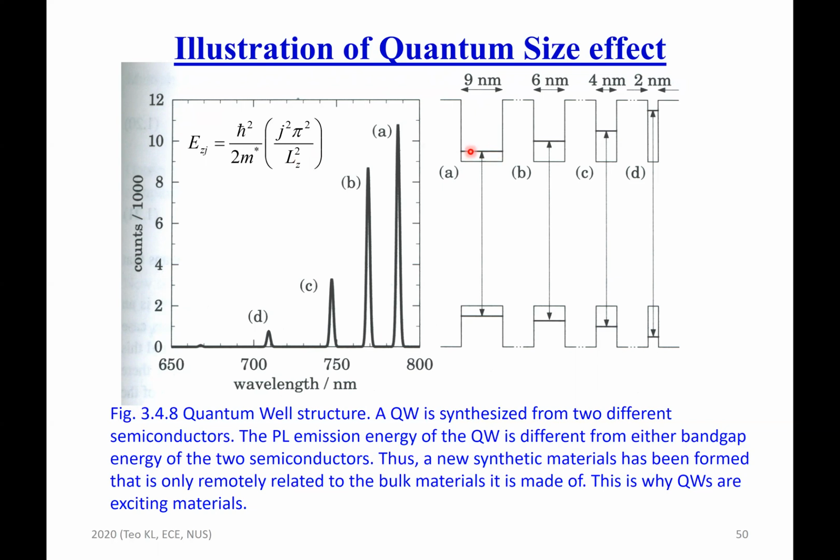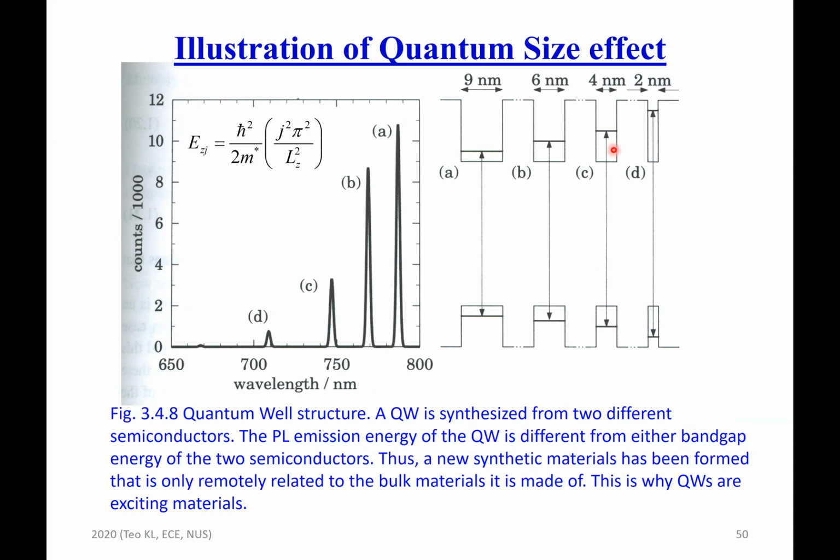So the same quantized level, let's say n equals 1, you will be at this level. And j equals 1 in the hole, in the valence band, you will push down. So this is the emission due to this transition energy. So it's at a shorter wavelength, so higher photon energy. As you decrease your size, let's say to 4 nanometer, the original will be at this level, you push up into a higher level, and this also pushes now to a higher level.